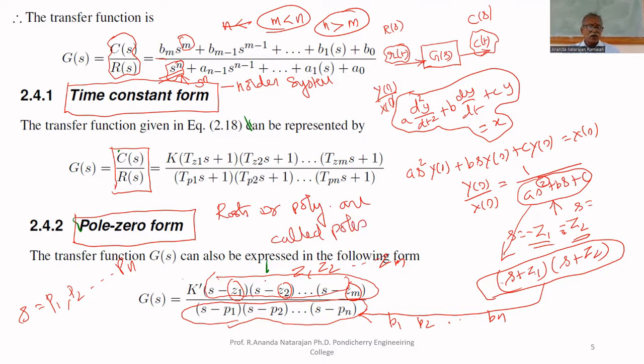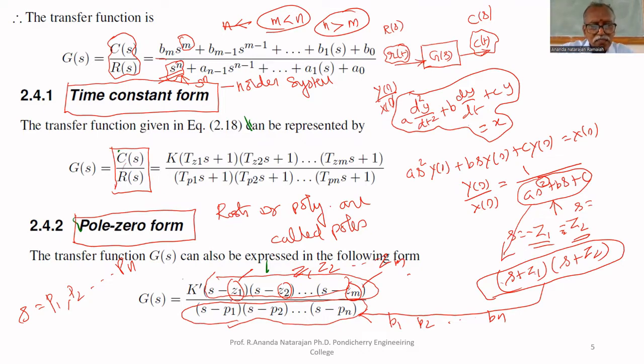Roots of numerator polynomial are called zeros. Therefore, we are writing in terms of poles and zeros. P1, P2, P3, etc., Pn are poles. Z1, Z2, Z3, etc., Zm are called zeros. If you write in this form, then it is called pole zero form.